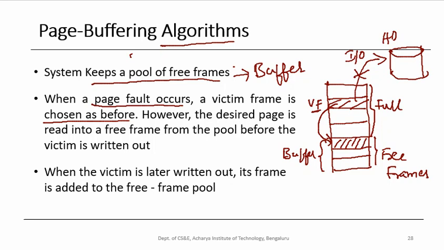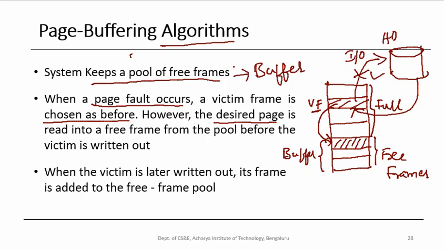Now we have a free frame which can be used to bring the desired page from the hard disk. So the desired page is now read into this free frame. The task which wants this page can now restart without waiting for this IO to happen.